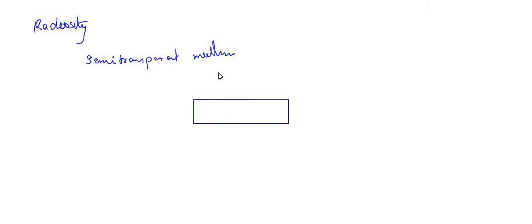For the semi-transparent medium, you have the irradiation coming in, some part of which is transmitted through the medium, going forward, and a small part is reflected. Then there is something that is emitted.